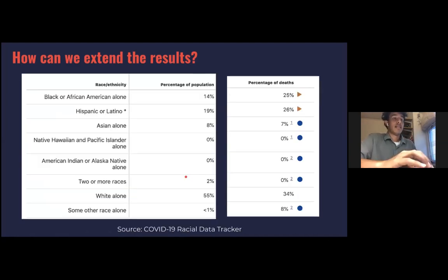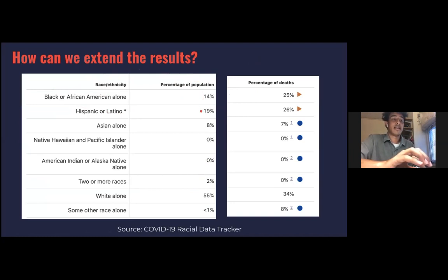And then this data presents something similar, but with COVID-19. It presents the percentage of deaths due to COVID-19 as delineated again by race and ethnicity. From this data, we can see that Black and African American people, as well as Hispanic and Latino people, make up 14% as well as 19% respectively.